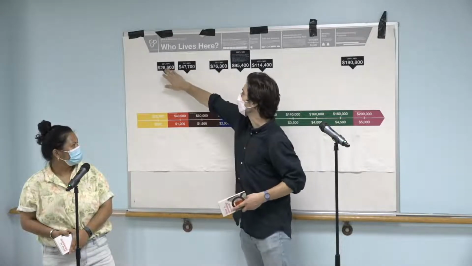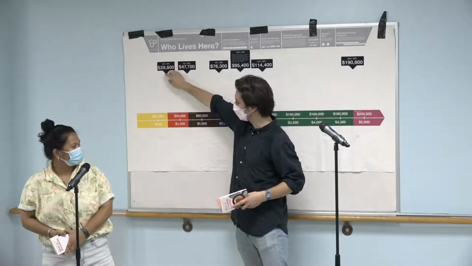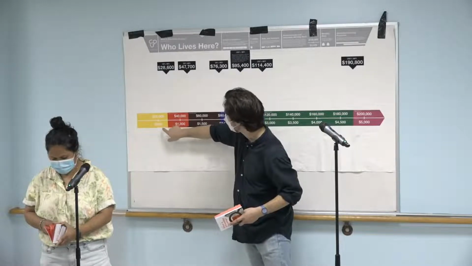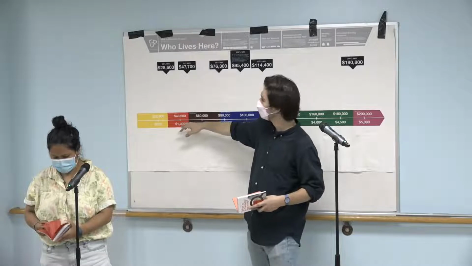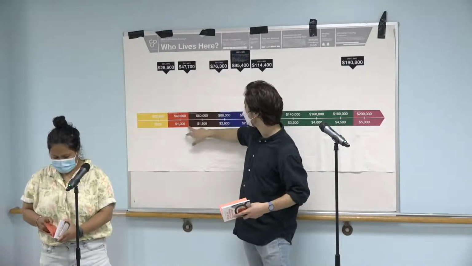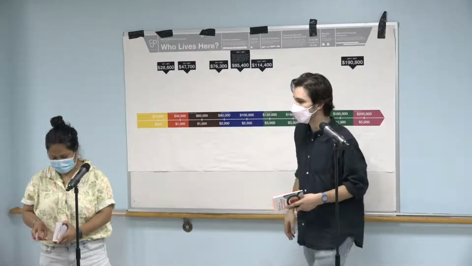That means a family making 30% MFI, or $28,600 per year, shouldn't be paying more than just over $500 a month on housing. And same for 50% of MFI, they shouldn't be paying more than somewhere between $1,000 and $1,500 a month.